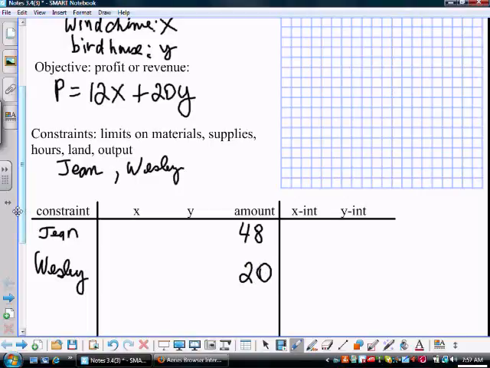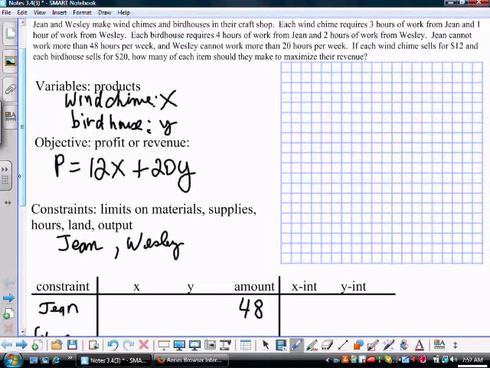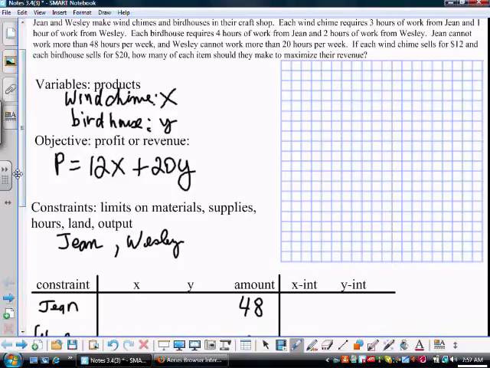Then I've got to go back and read very carefully about how much work it takes for each wind chime and birdhouse. Each wind chime, the X's, requires 3 hours of work from Jean. So I'm going to go to the Jean constraint line.